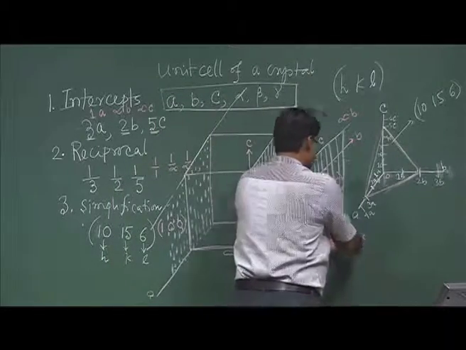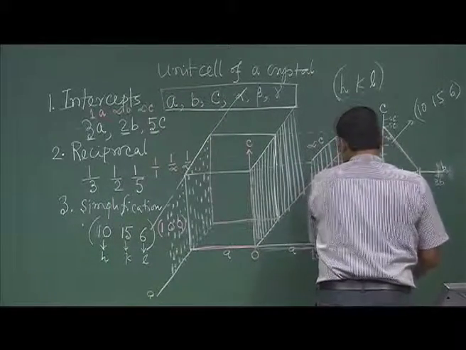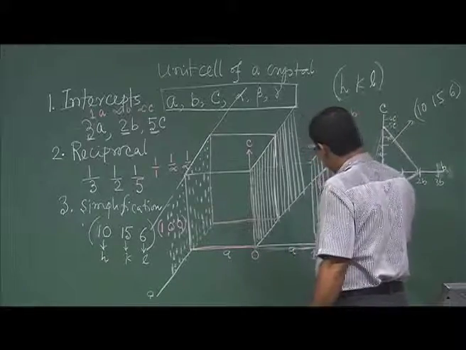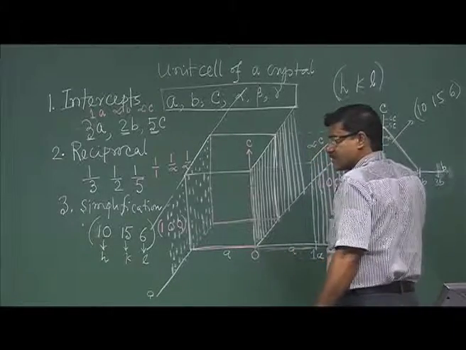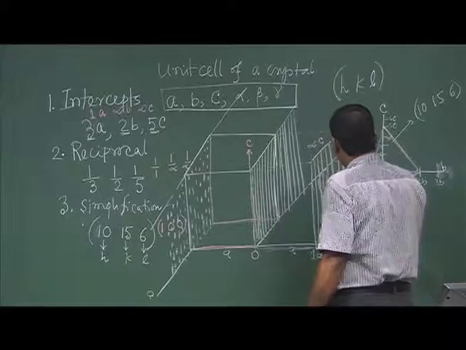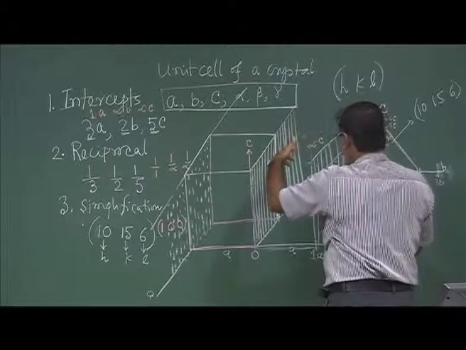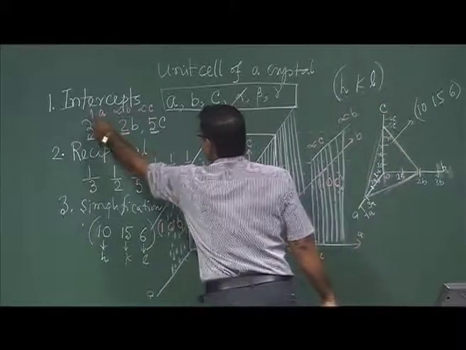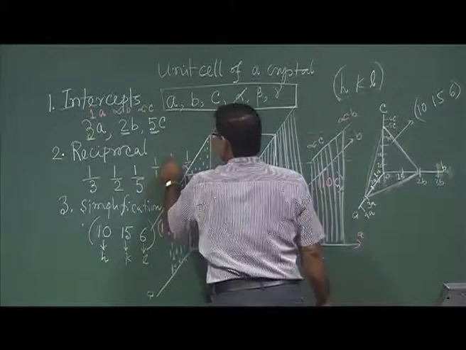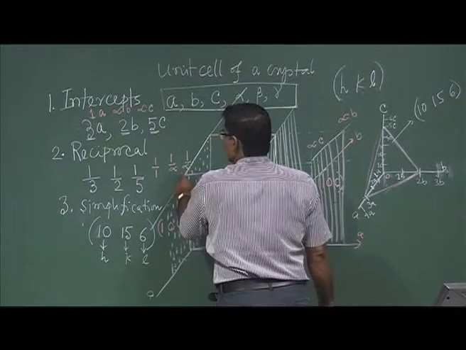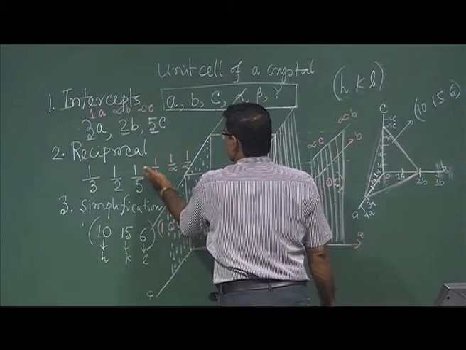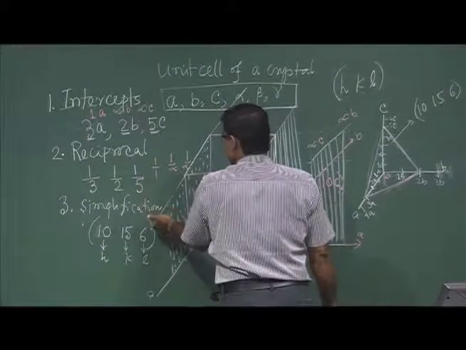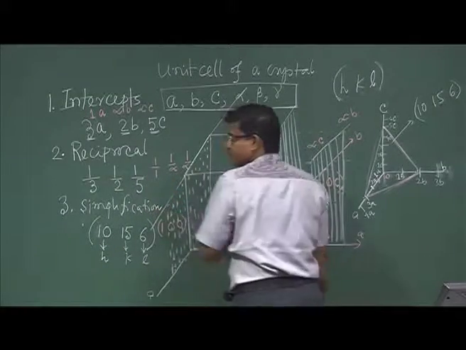If you consider the next plane, it will cut at 2A and be parallel to B and C. So 1 by 2, 1 by infinity, 1 by infinity, and if we simplify, again it will be 1 0 0.